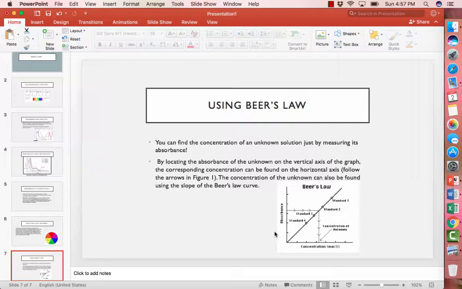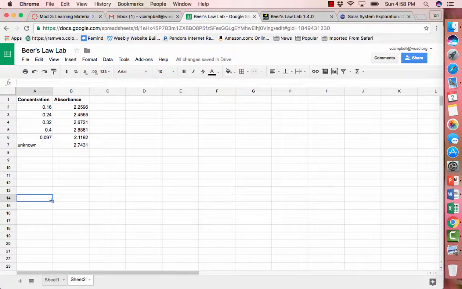And you're going to do that in Google Sheets, and I'm going to show you how to do that with some data. And then you're going to find the unknown concentration. So here I have concentration versus absorption data. And you can see that the absorption is increasing and the concentration is increasing as well. So I'm going to graph the concentration versus absorption.